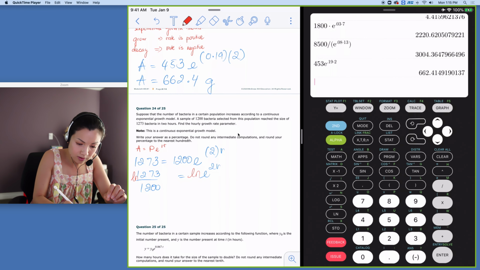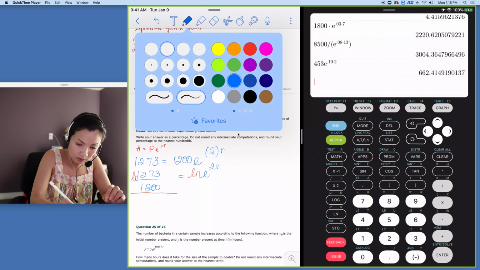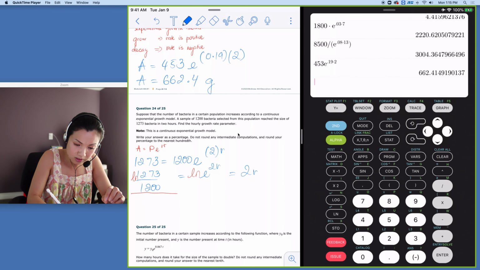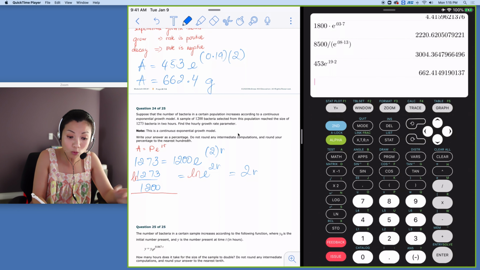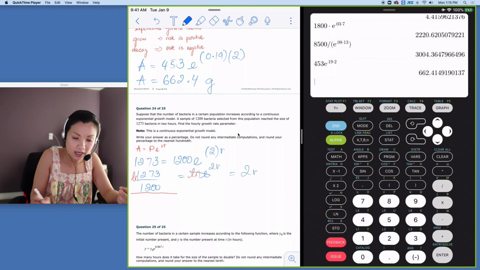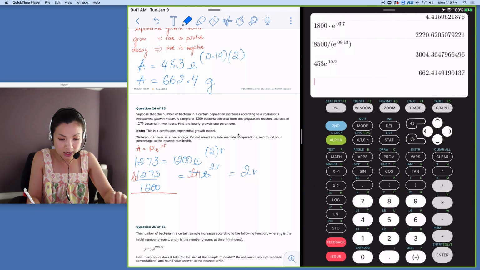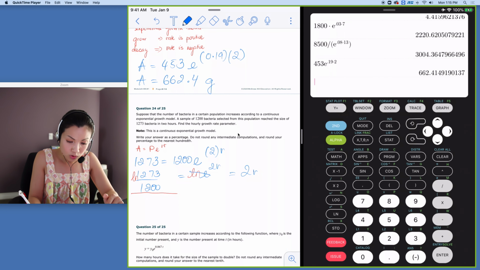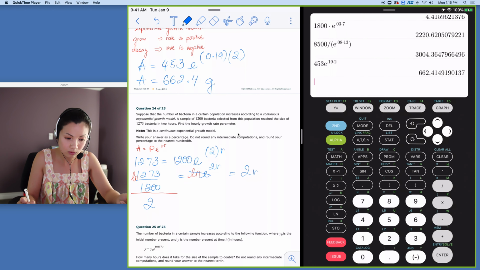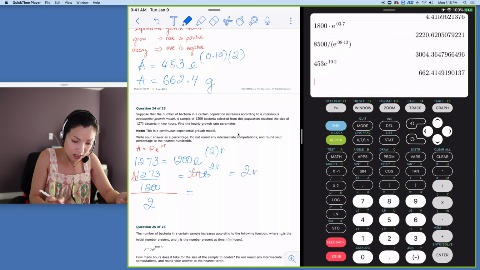Don't forget that when I apply ln, I can just move this to the front. Oh, by the way, ln and e cancel out, right? So when it comes to e, you should apply ln, not log. So ln and e cancel out, so we get 2r. So you just have to take that ln number and divide by 2. Okay, and then we should get the answer.